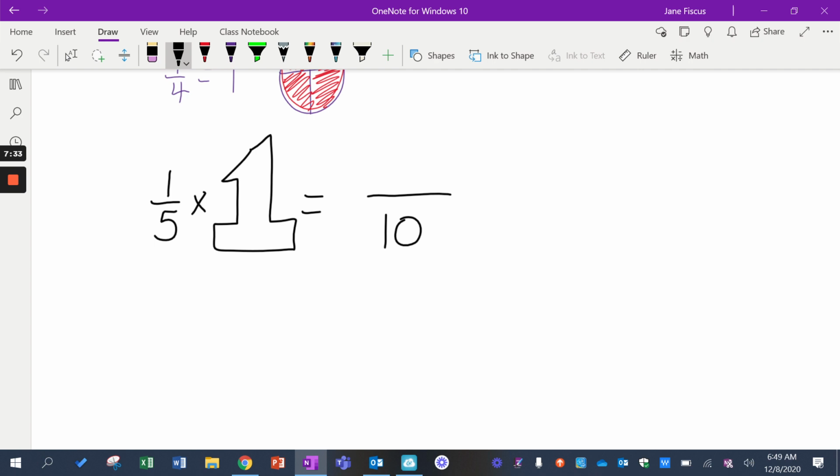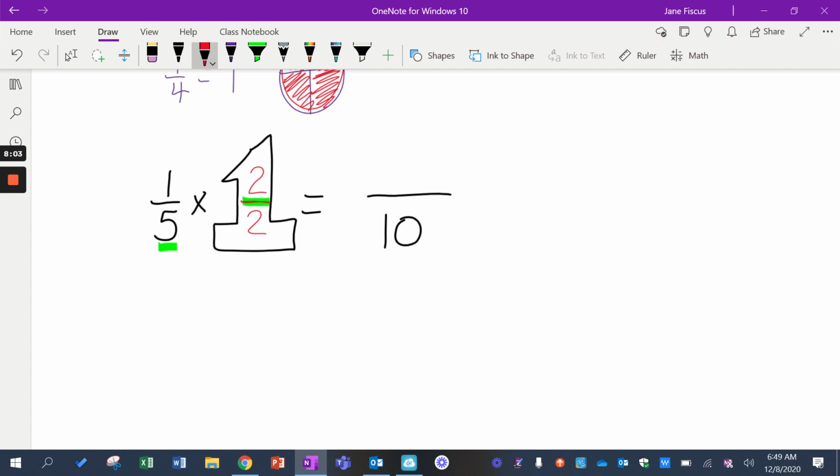tenths. Well, let's take a look at our denominator. 5 times what would equal 10? Well, we know that that would be 2. 5 times 2 is 10, and because this has to be 1 whole, we better call this 2 over 2.